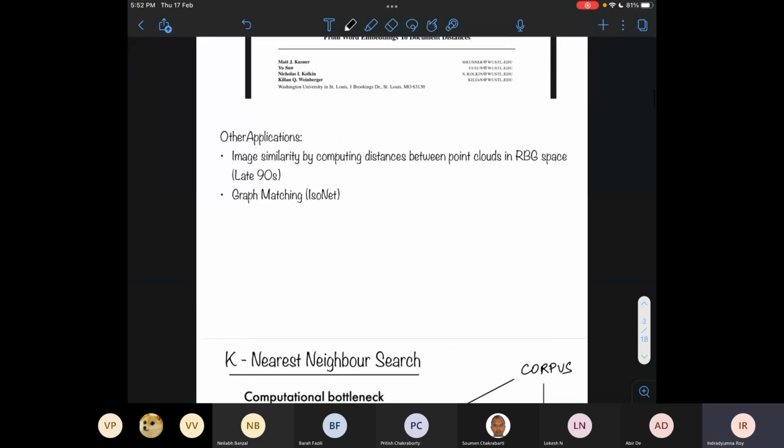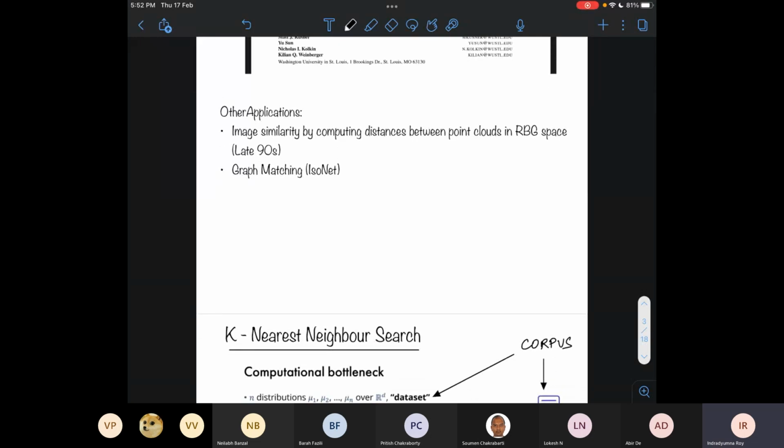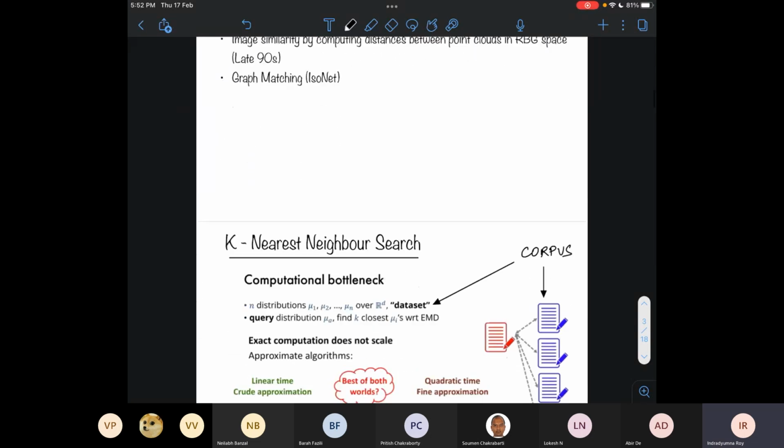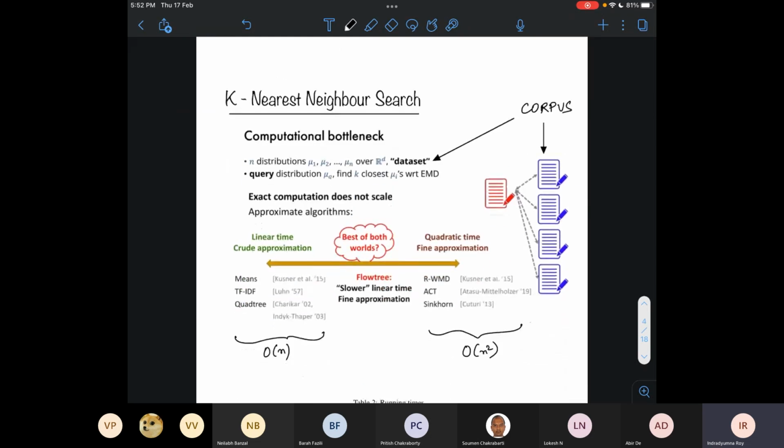So now that we have an idea of the basic EMD based application, it is in our interest to compute the earth mover distance as quickly as possible and as accurately as possible. So in the k nearest neighbor search setup, you have this corpus of items. Let's think about it in terms of documents.